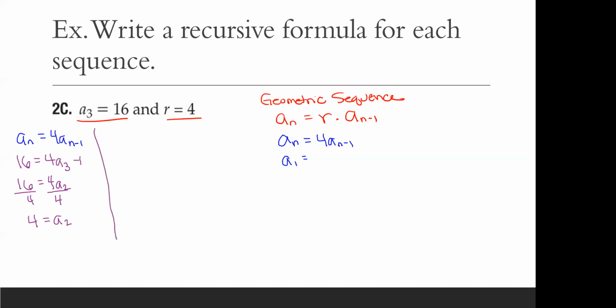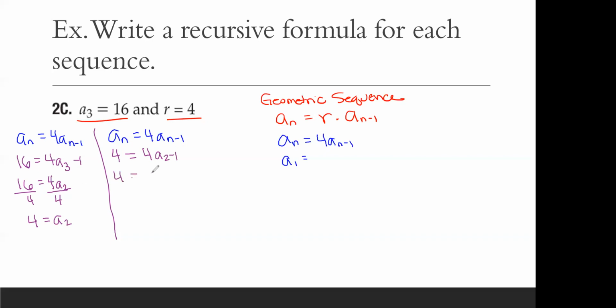Then, because that's my second term, I need the first term. So I can plug that information in to find the first term. So again, my original recursive formula was 4 times a sub n minus 1. So I plug in 4 for the value, and I have 4 times a sub n, which would be a sub 2 minus 1.